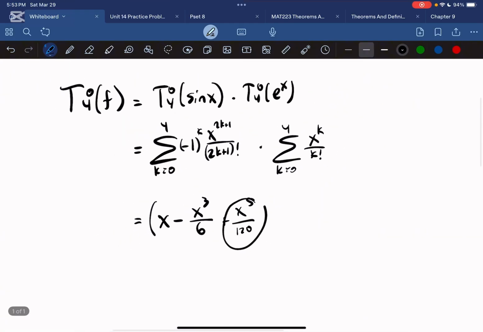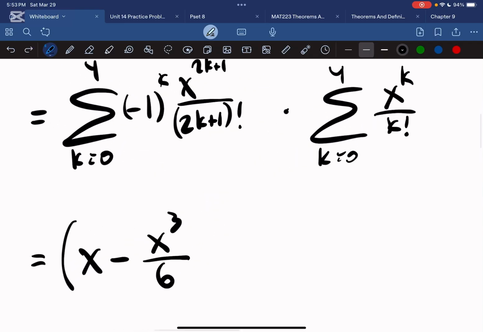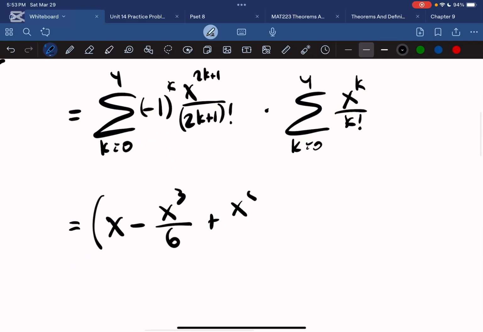This is already over our limit of 4. So we can just write these two terms, because every other term we add after is going to end up inaccurate. Keep in mind that no matter what you multiply x to the 5 by, for any non-negative exponent, this is still going to be degree 5. So we don't include it.